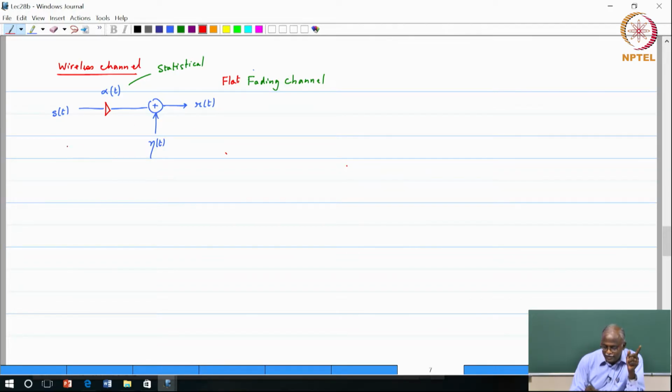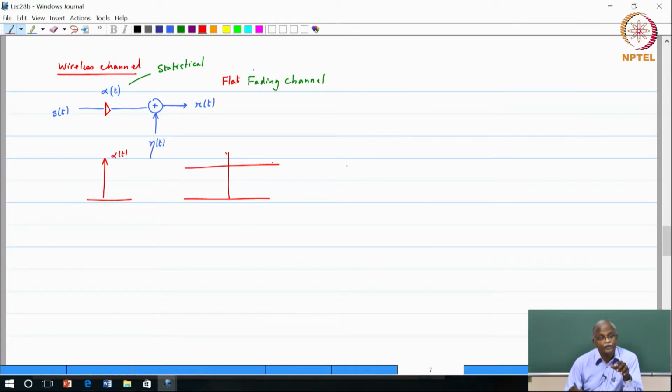My signal S of t is getting multiplied by something that looks like an impulse, that is a scale factor. If your impulse response is a single impulse, what is your frequency characteristic? Frequency characteristic is flat, right. If this is the time domain, the frequency characteristic is flat.